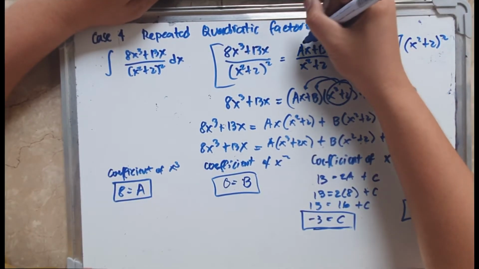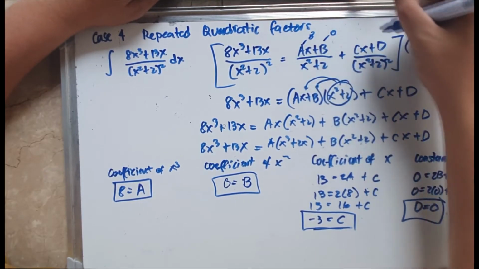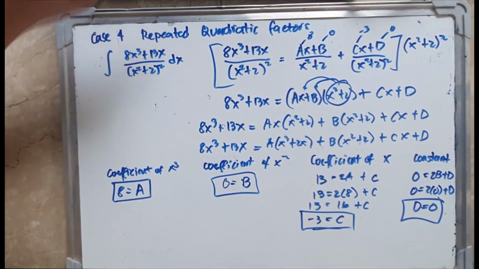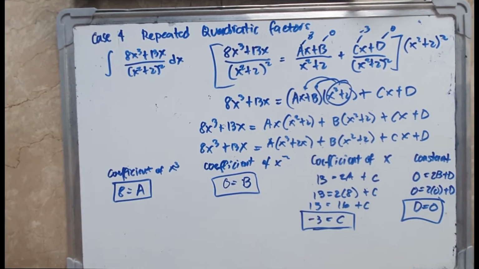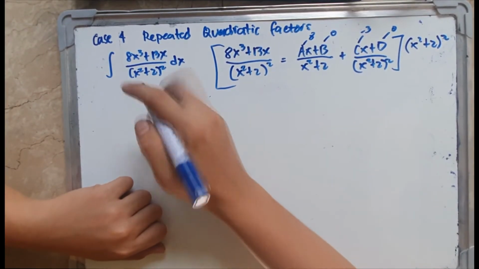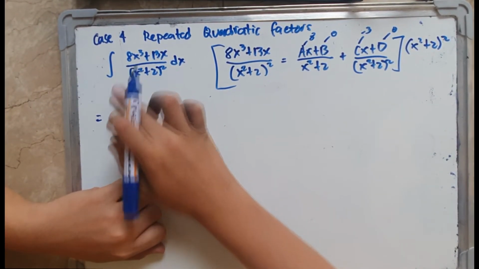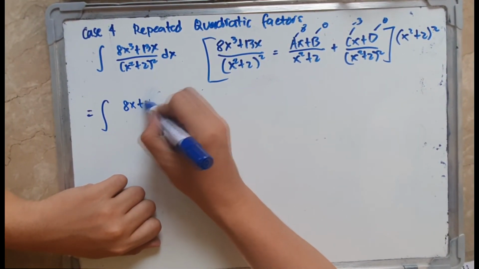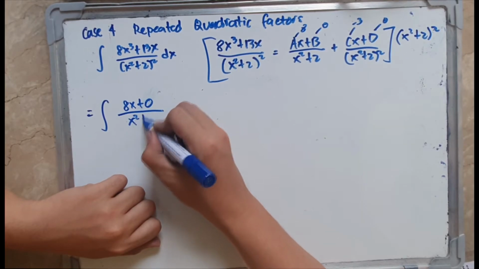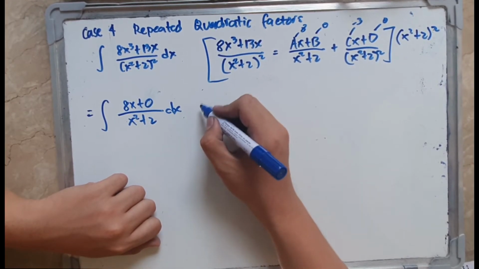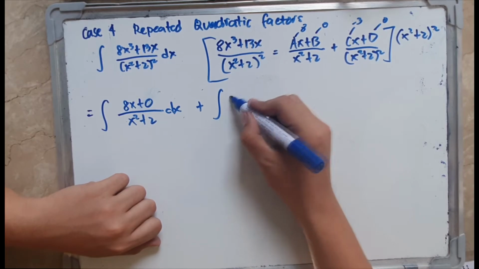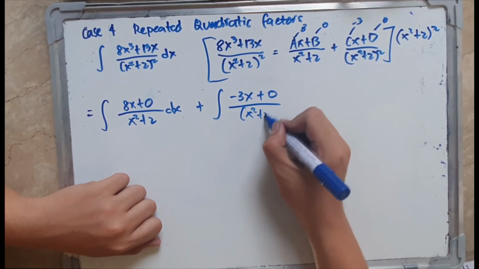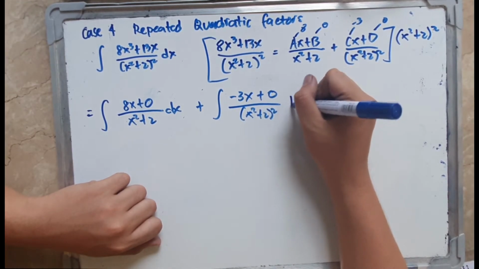A is 8, b is 0, c is negative 3, and d is 0. Okay, so this is equivalent to integral of 8x plus 0 over x squared plus 2 dx plus integral of negative 3x plus 0 over x squared plus 2 squared dx.